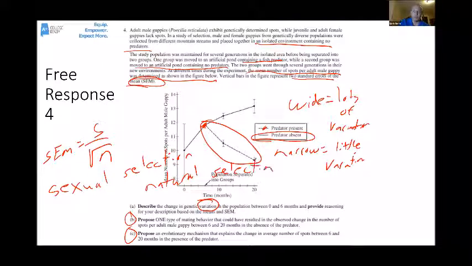Because what's happening in this case is that males with lots of spots are being seen by predators. And because they're seen, they get eaten more. So males with more spots show up not only to the females more, but also to the predators more, and they're eaten, and therefore they don't get a chance to reproduce. So the number of spots drops from generation to generation.